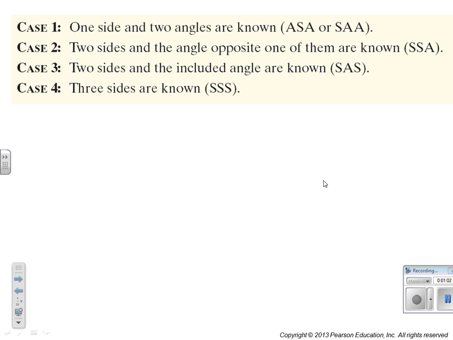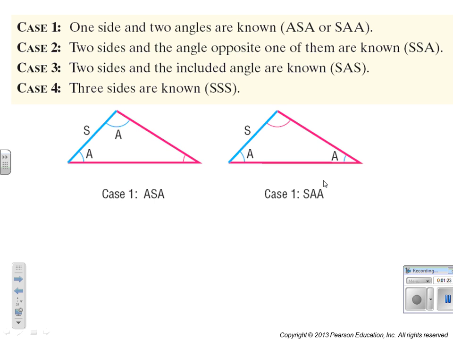All right, case one. One side and two angles are known, also known as angle side angle or side angle angle. We use the law of sines. So case one looks like this: we know two angles and one side.